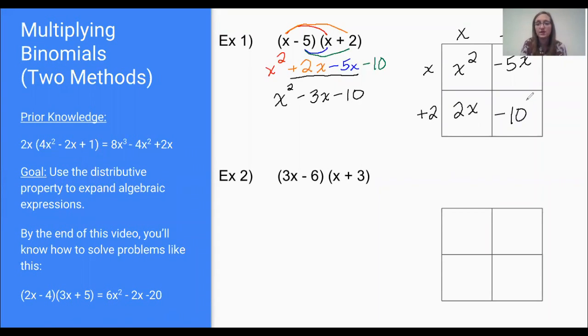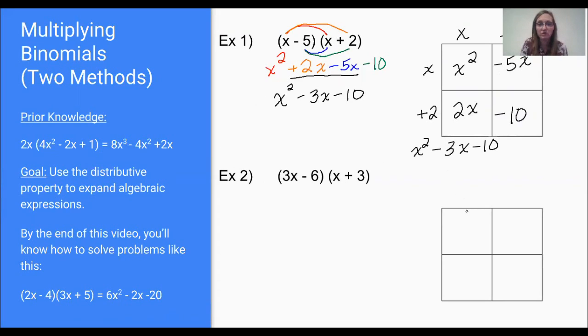And then you would simply take your answer from this box and write it out. So you'd have your x squared, then you'd have the 2x and the negative 5x for negative 3x, and then you'd have the negative 10. So that's how you multiply binomials.